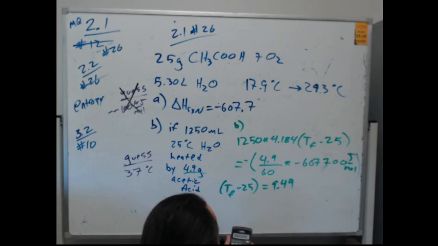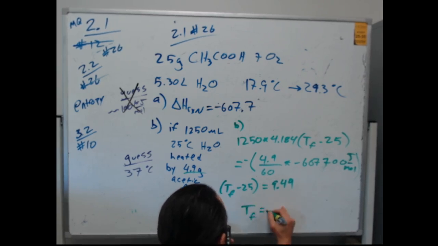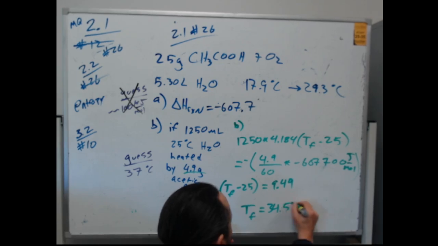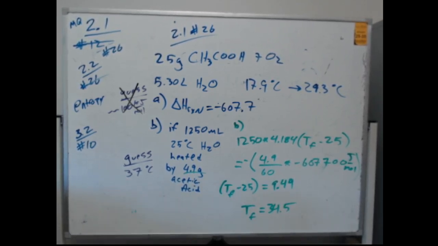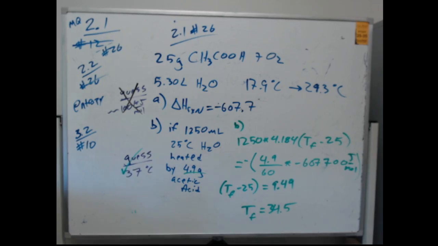I'm going to add the 25 over. T final's 34.5. My second guess was a little bit better, right? For a rough estimate without doing any of the calculations, pretty good rough estimate. My first one was bad. This one's a little bit better.